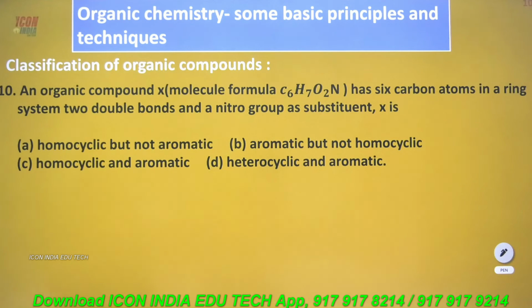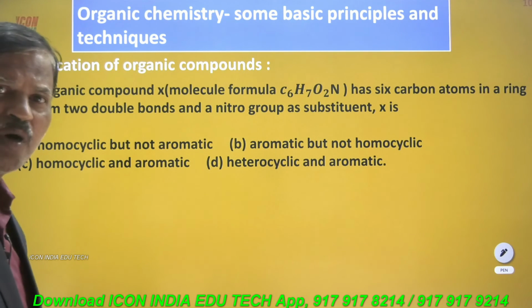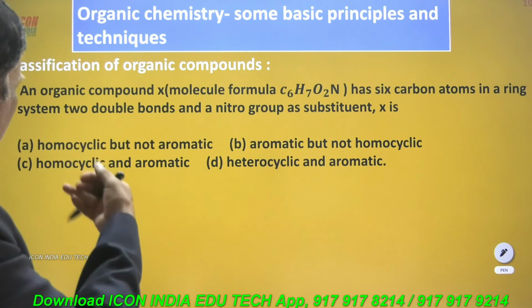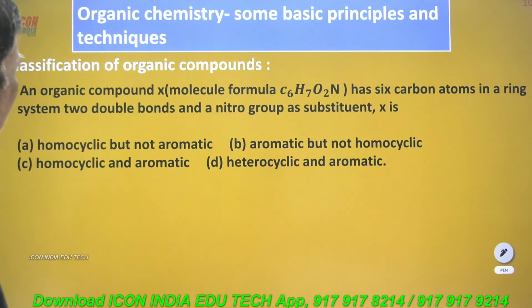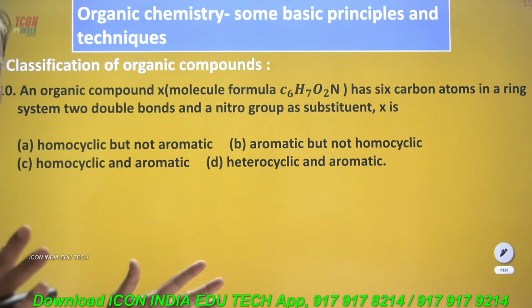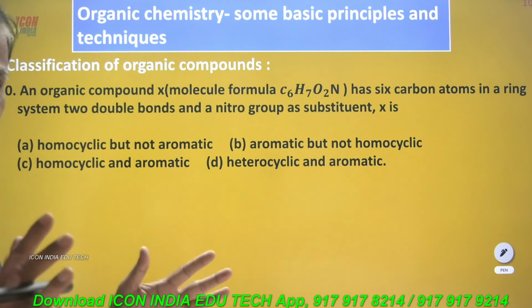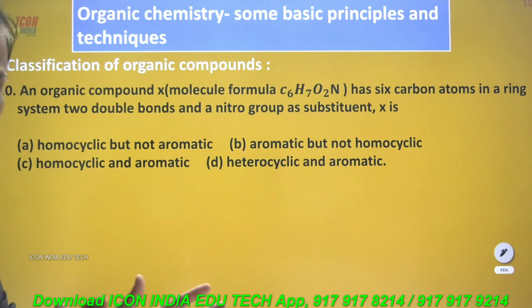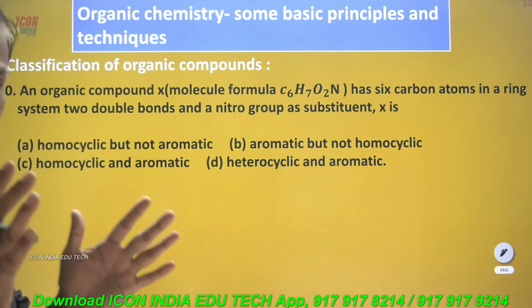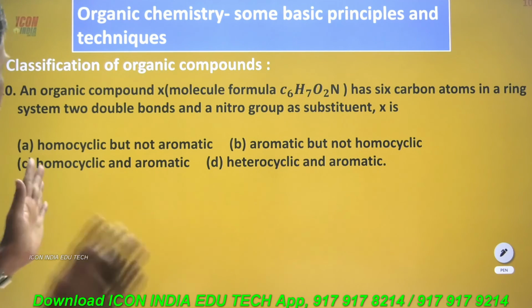Next, classification of organic compounds. Now, a few questions related to classification of organic compounds. As I said, all these questions are very important models, because these were asked in previous JEE Mains and NEET.